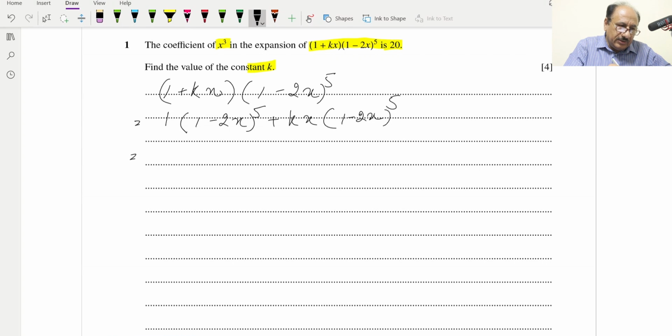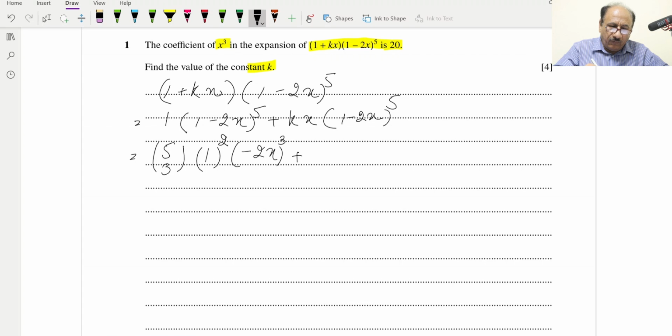So first will be 5c3. We can expand this: 5c3 and 1 raised to the power 2 and minus 2x raised to the power 3. This will be the term containing x cube.